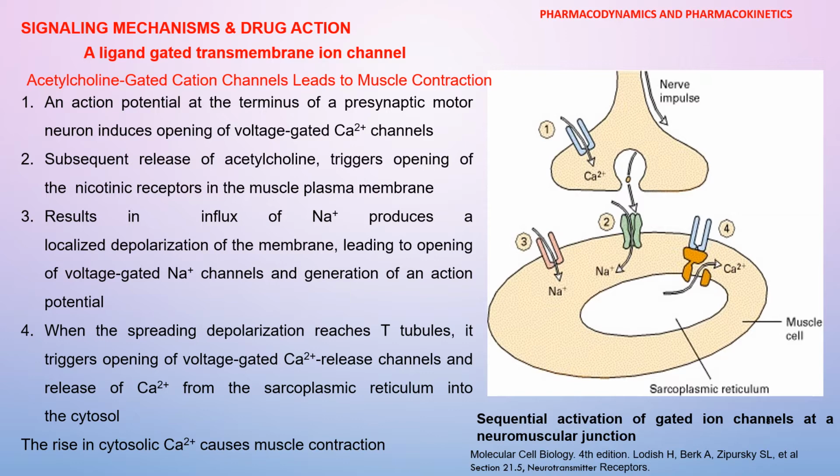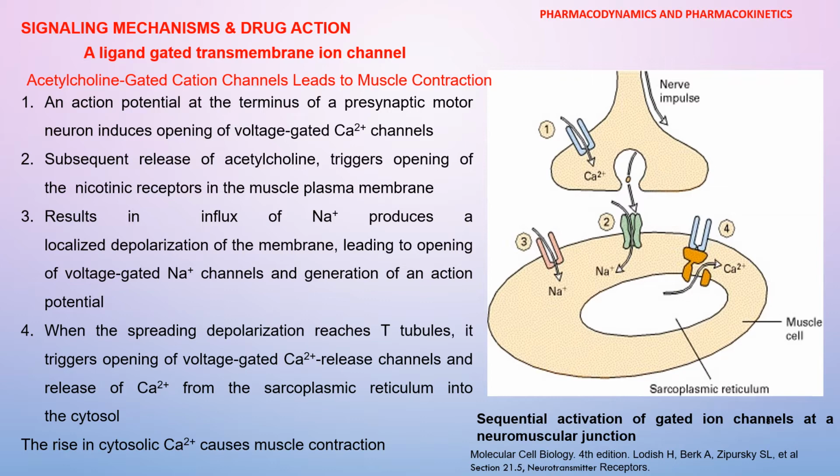The acetylcholine molecules diffuse across the synaptic cleft and bind to the acetylcholine receptors on the motor end plate. The binding of acetylcholine to the receptors opens the sodium ion channels. Sodium enters the muscle cells and potassium ions leave the muscle cells.